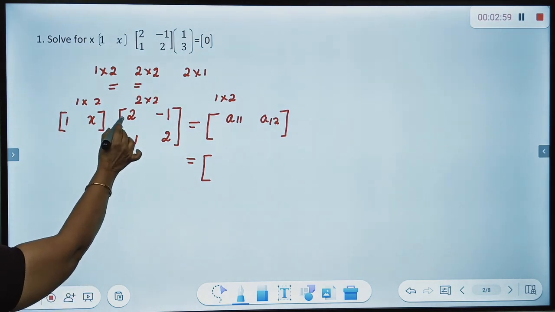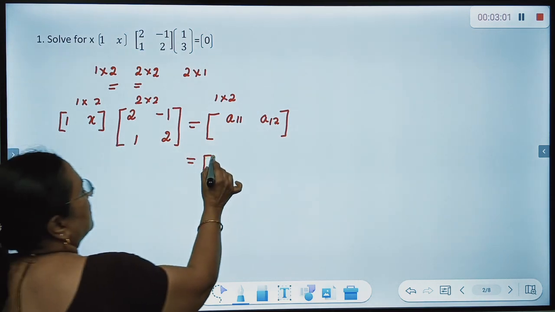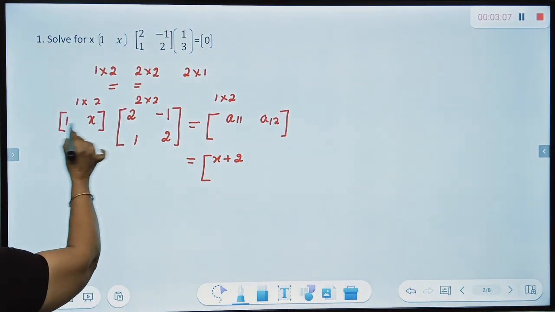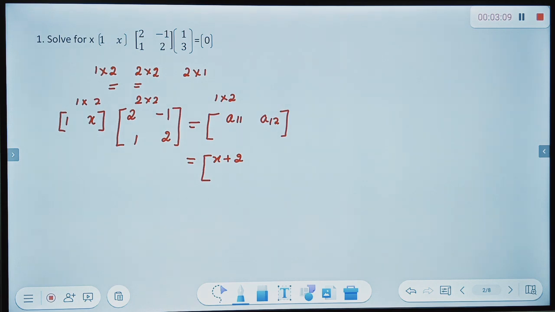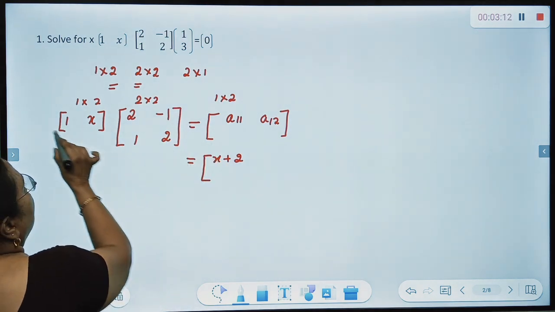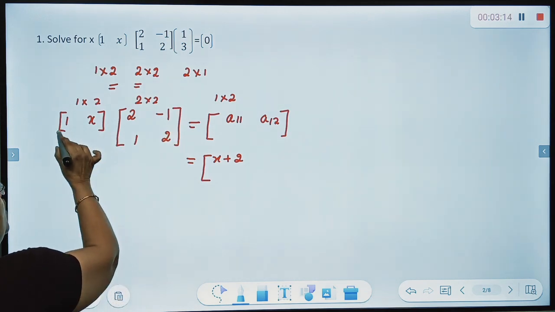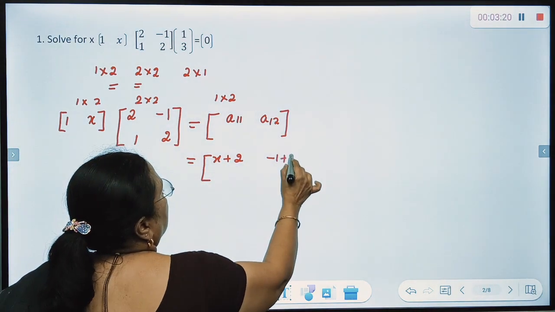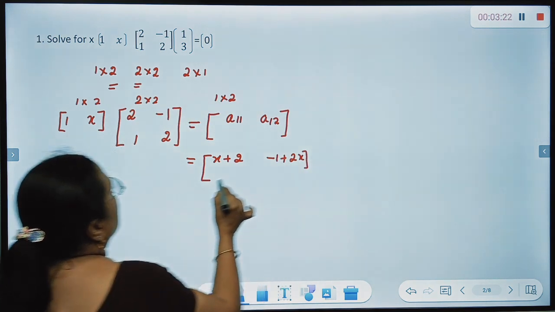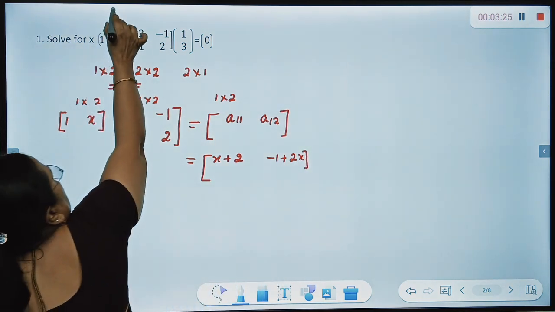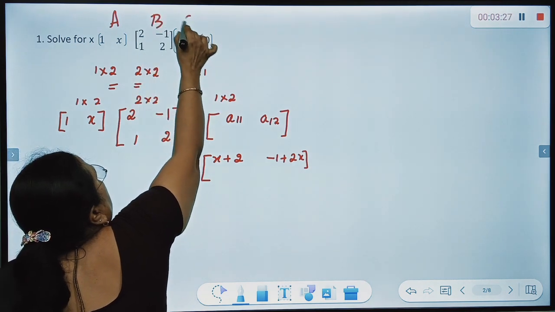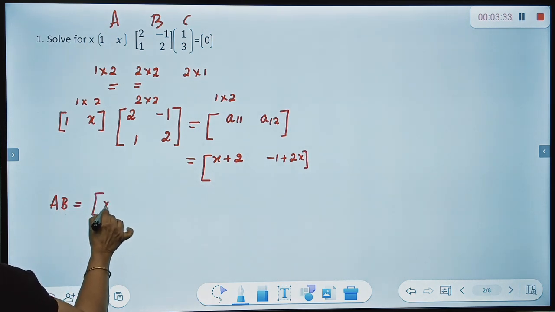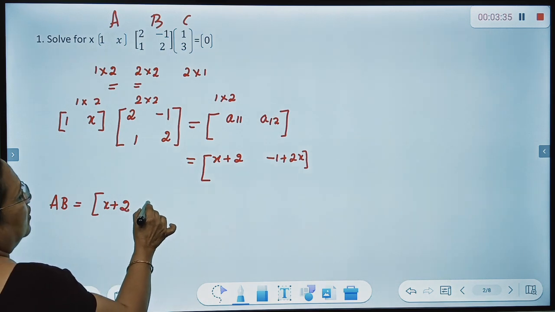So when I multiply, what will I get? 2 plus x into 1, so x plus 2. Then I have A12. First row, second column. 1 into minus 1, minus 1, plus 2 into x, 2x. Therefore, I'll call them as A, B, C. Your AB is therefore x plus 2, 2x minus 1.